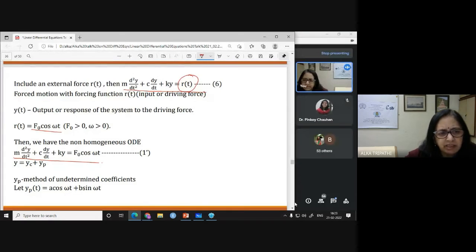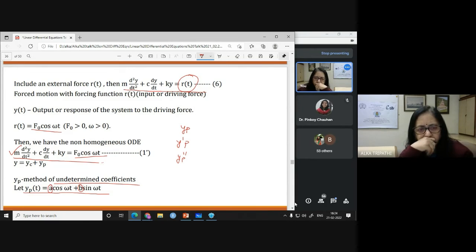For yc, we can directly write it or find it depending on the value of c. Yp you can assume by the undetermined coefficient method. Let us assume yp equal to a cos omega t plus b sin omega t. Substitute the values of yp, y dash p and y double dash p in this equation, simplify and get the values of small a and small b. Just substitute and see what you are getting.